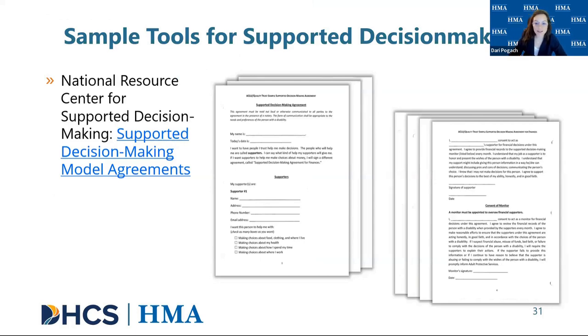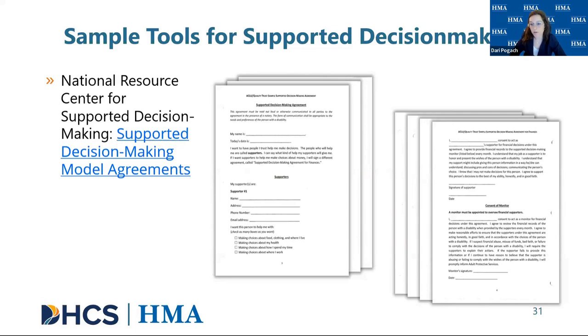Here is one link to a great resource. If you're looking for tools for supported decision-making, here are some examples of written supported decision-making agreements from the National Resource for Supported Decision-Making. I just want to be clear that to use the supported decision-making model within the CARE Act does not require a written supported decision-making agreement.